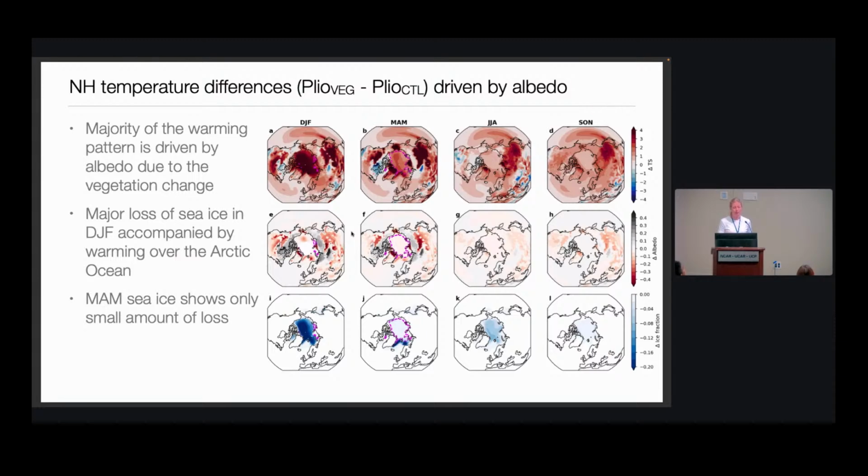So a majority of the warming is driven by this albedo change, but we see also some ice loss over the DJF months. No, wait, I'm sorry.